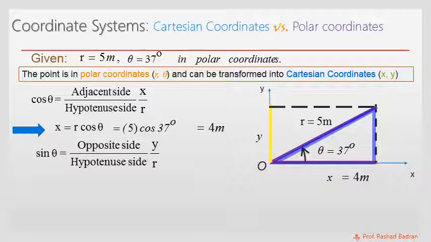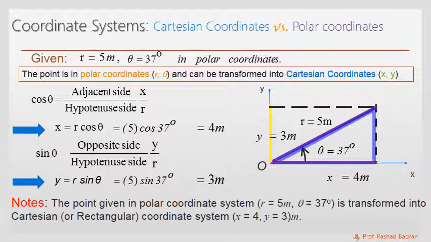To get the y coordinate, we'll apply trigonometric relation sine theta equals the opposite side y over the hypotenuse side r, where y here is r sine theta. Substituting the values, you get the y coordinate equals 3 meters.